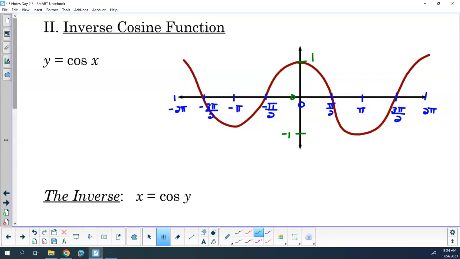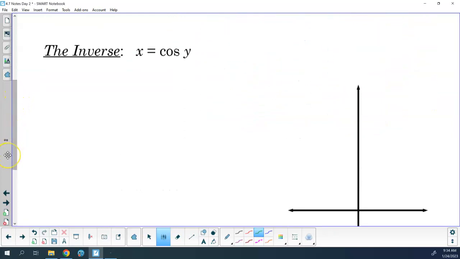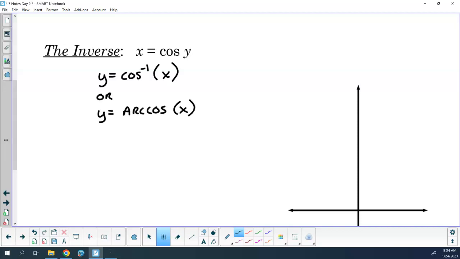When I take the inverse of that, I would switch the x and the y, right? So then this would become y equals the inverse cosine of x, or y equals the arc cosine of x.